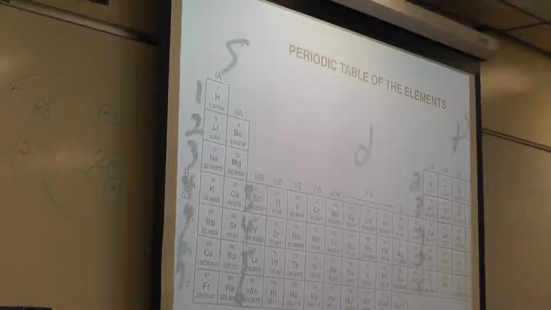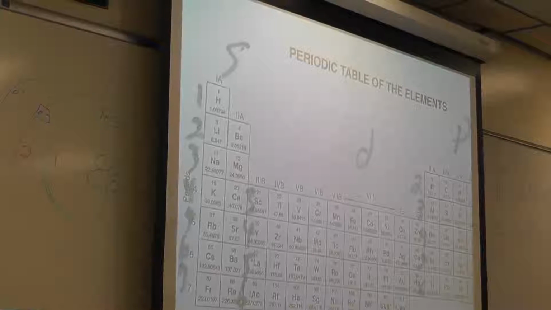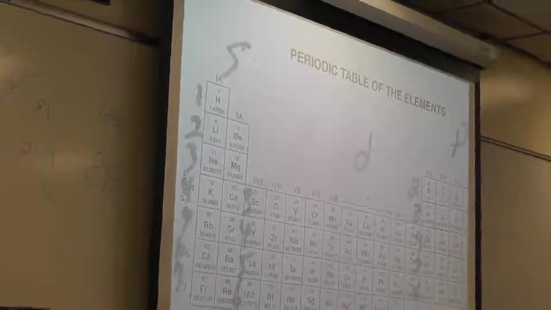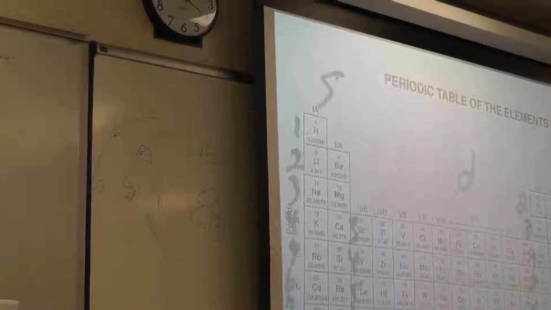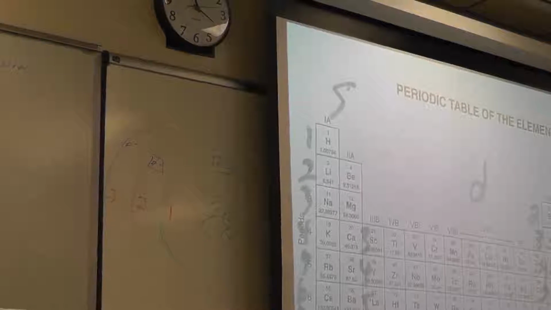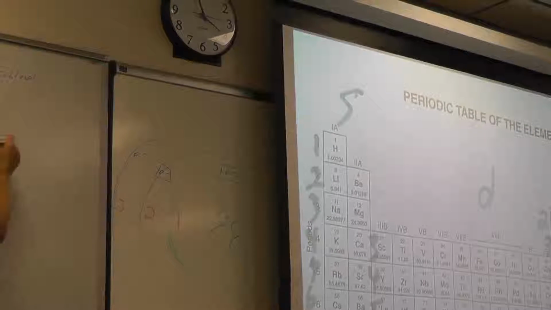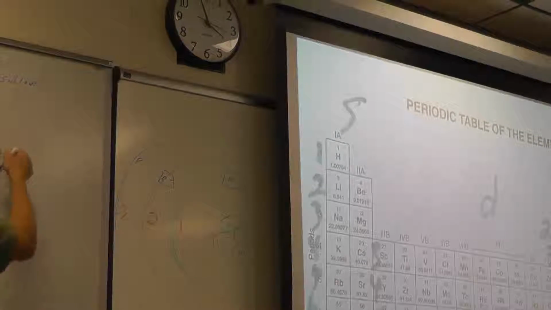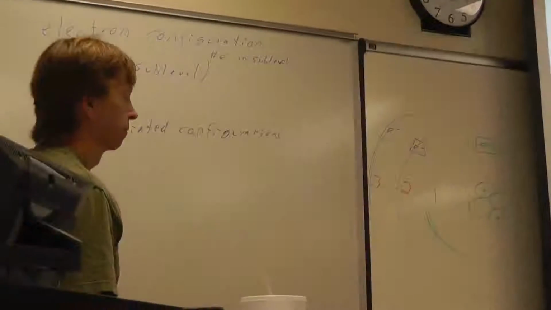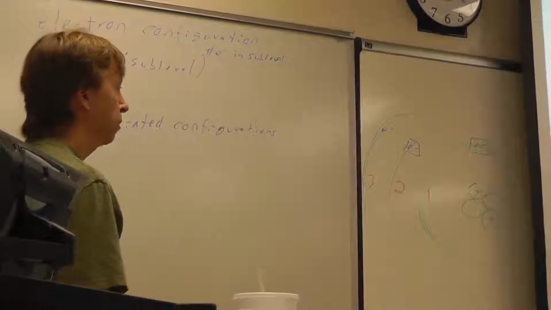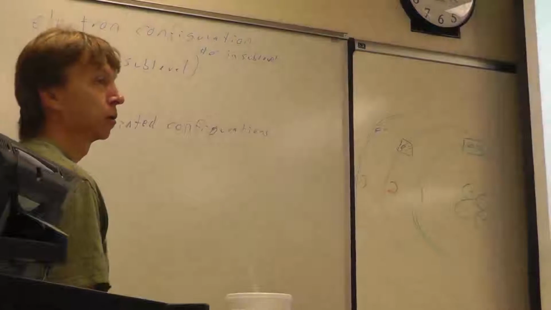But another benefit of it is that based on the periodic table, we can start dealing with what's called abbreviated configurations. Because even with one like arsenic, that was getting pretty long.